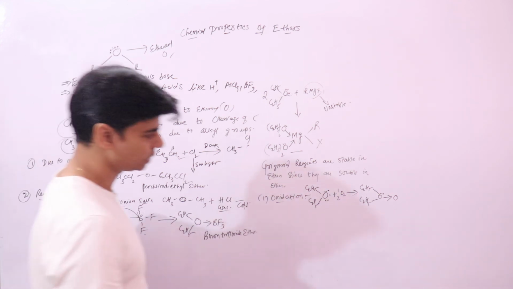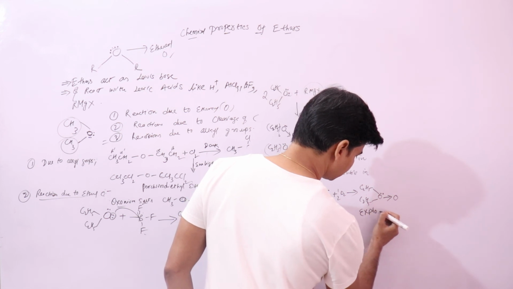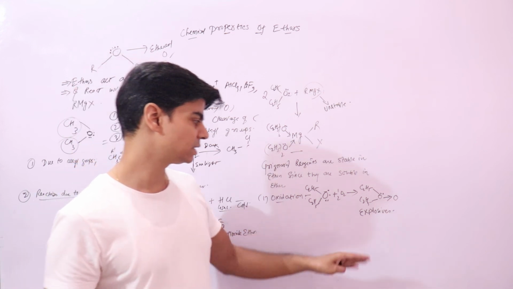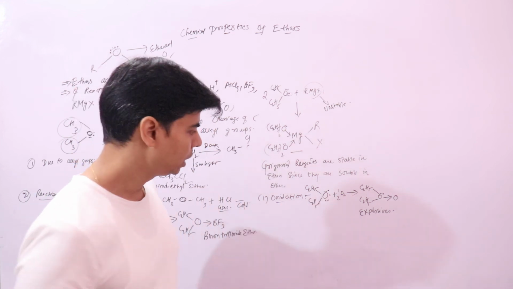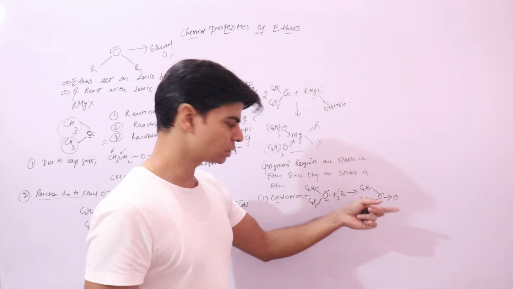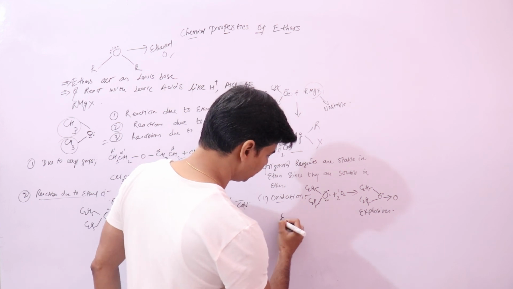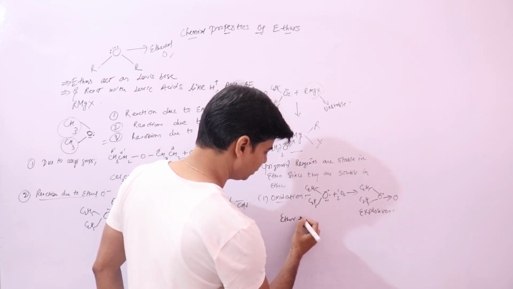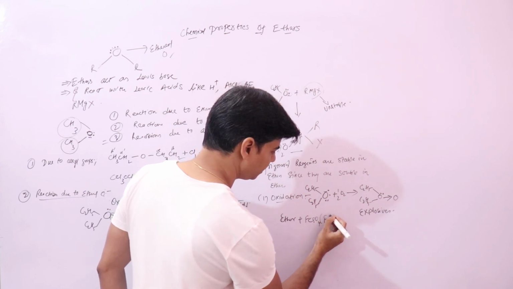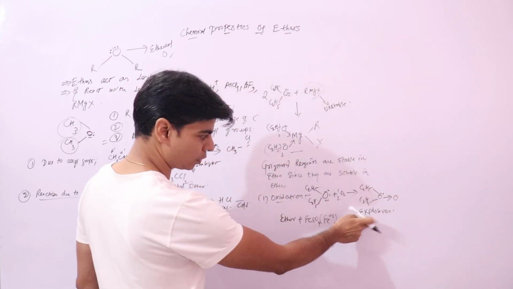So these peroxides are explosives, even at low concentration, even if present in small quantity. The presence of peroxide in an old sample of ether is detected like this: to the ether, you add freshly prepared ferrous sulfate, which contains Fe2+.